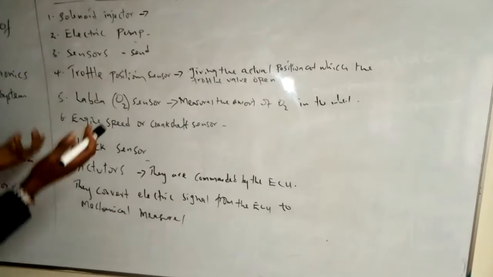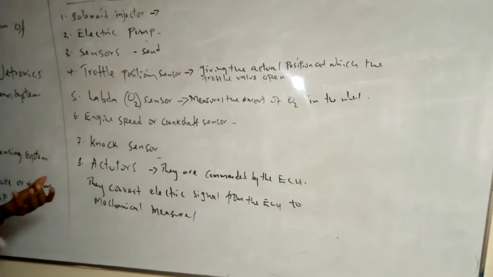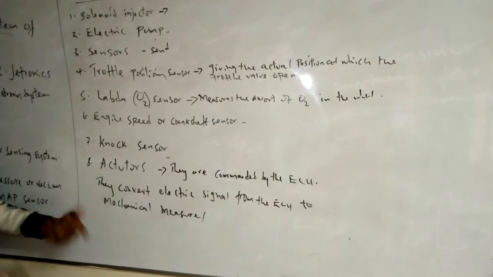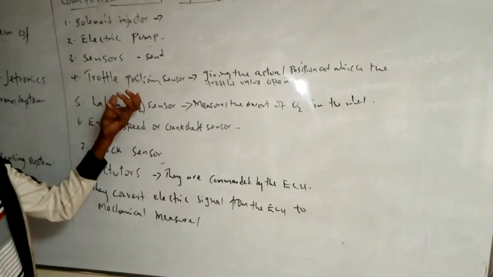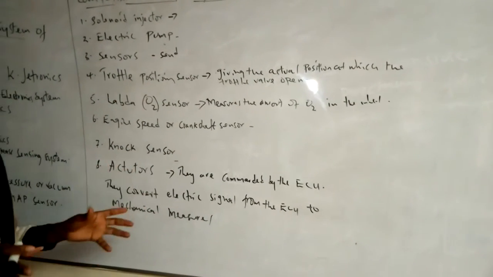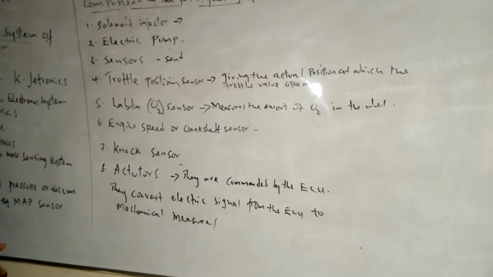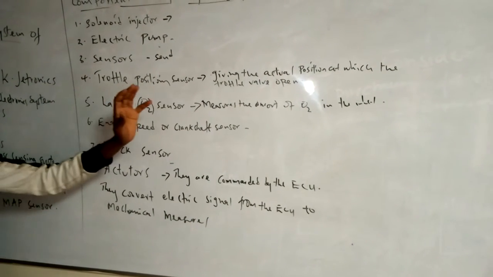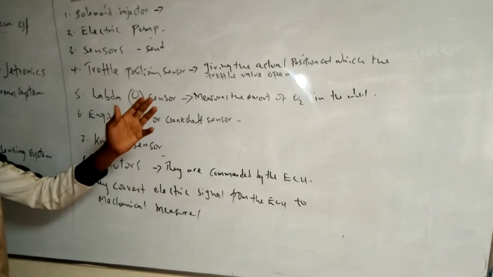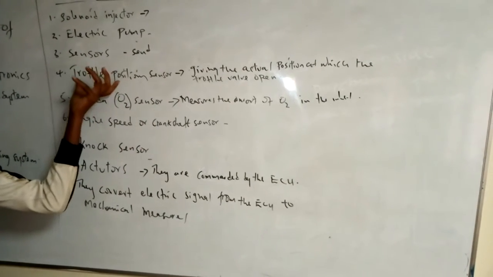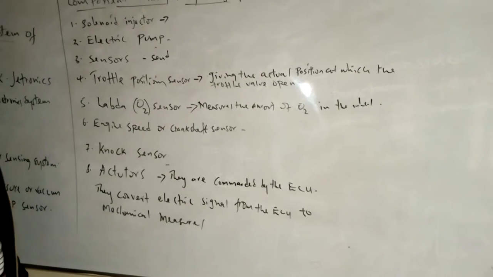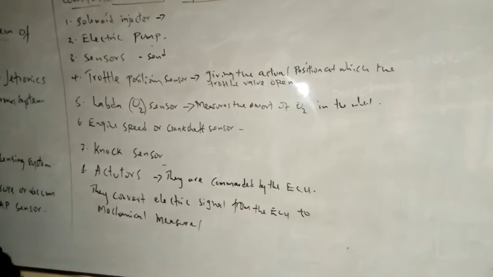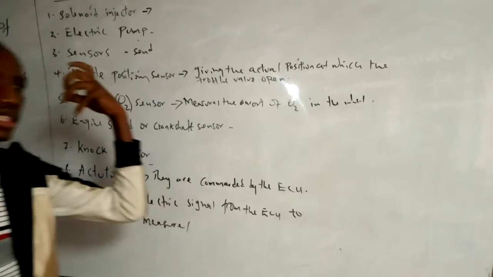Remember, in a carbureted engine, when you are opening the throttle valve, that is when you are accelerating your vehicle. In automatic vehicles, they use these sensors. The moment you are accelerating, the throttle position sensor will sense your demand and send a signal to the ECU.